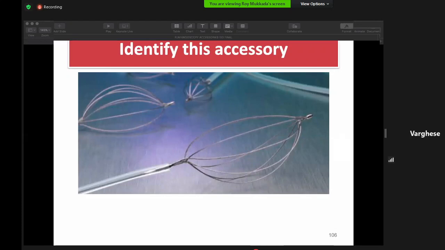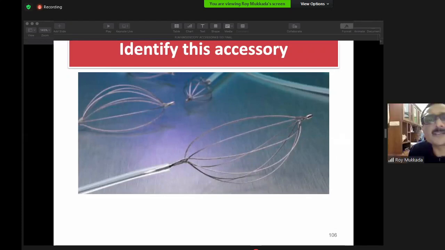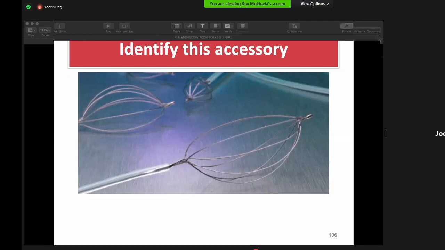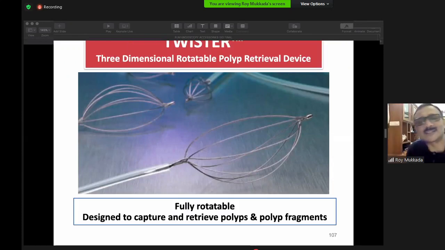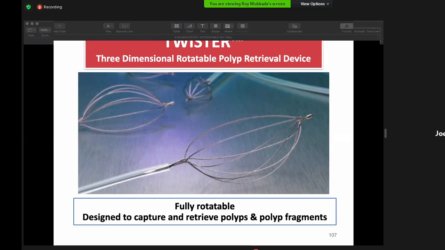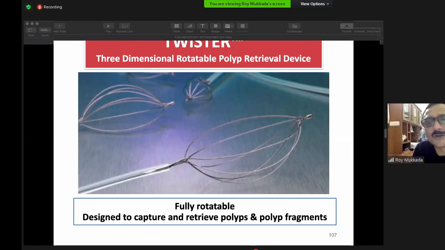Okay, start. Can you identify this? So this is a type of basket for retrieval. Yeah, this is called a twister. This is not usually seen, but this is a fully 3-dimensional rotatable polyp retrieval device. This is not usually used, we use usually the other ones.